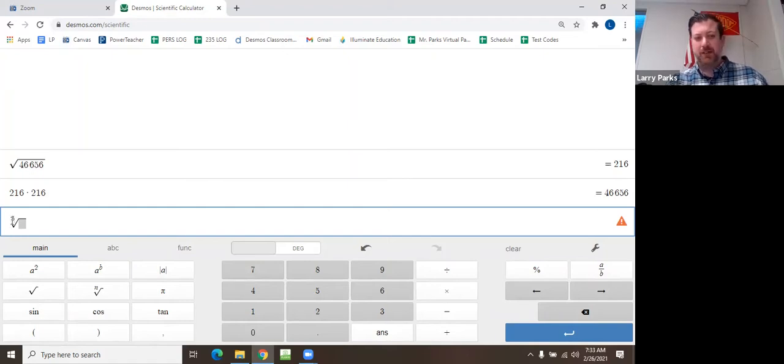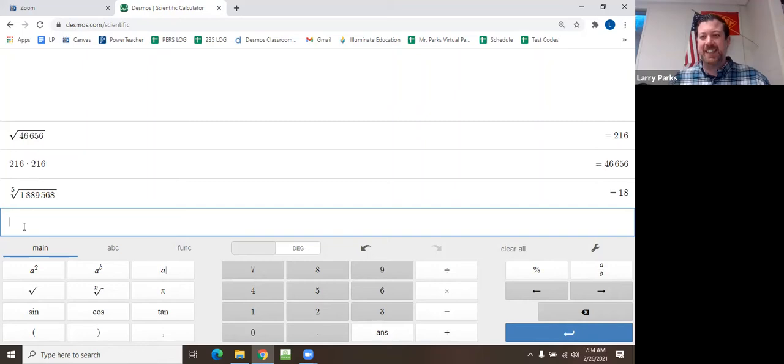But this one has a 5, and we're doing the fifth root of 1,889,568. Notice that's 18. What that means is if I take 18 times 18 times 18 times 18 times 18, 5 times, I get back my number. Okay, so the first two problems, those are the two answers.